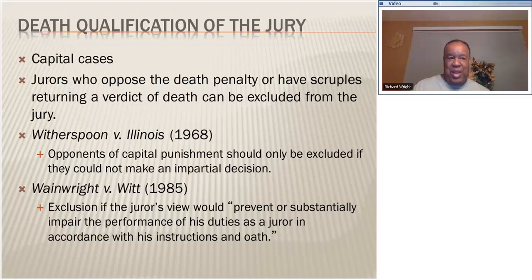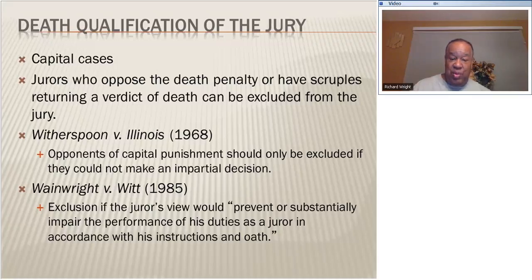But jurors who oppose the death penalty or have scruples of returning a verdict can be excluded from the jury. Opponents of capital punishment should only be excluded if they could not make an impartial decision. And usually that question is asked, but it's pretty functional in terms of they end up not being on the jury.